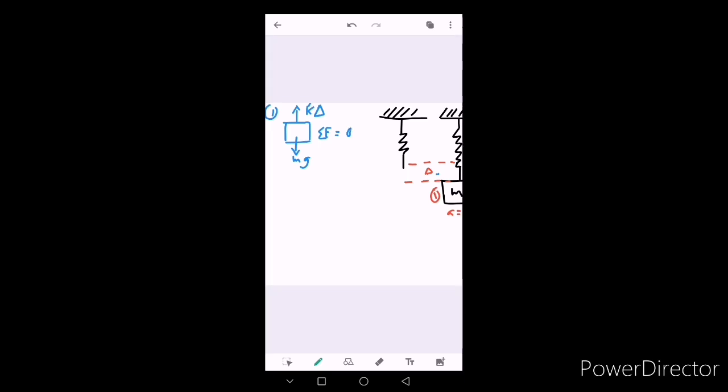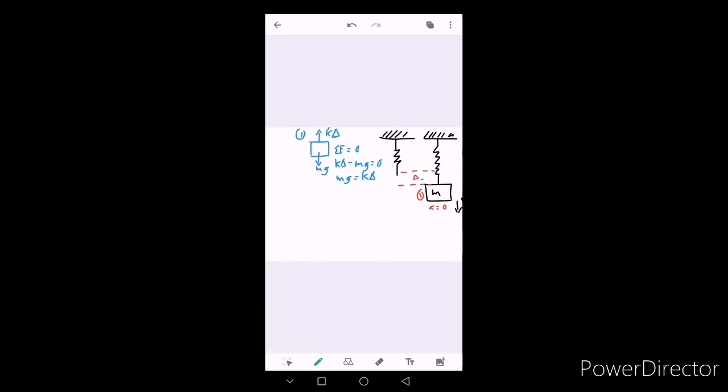By this, we have K times delta minus mg is equal to 0, or we could equate mg to k delta.